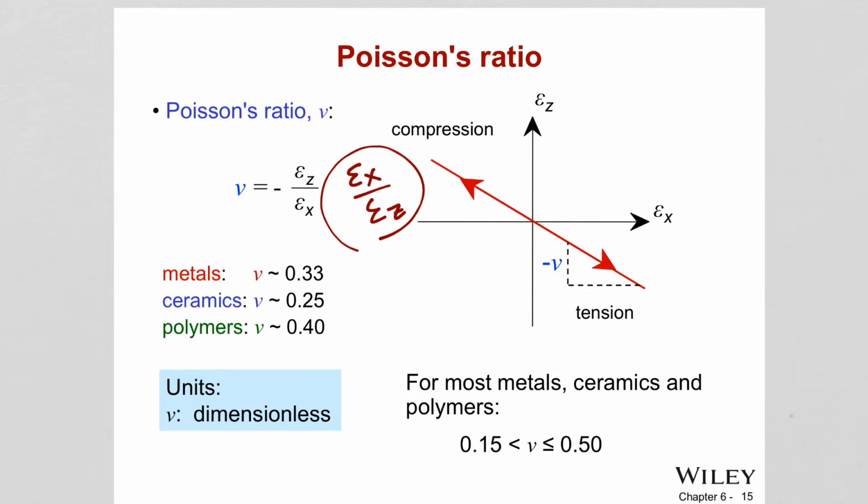It should be the ratio of lateral deformation to the deformation along the tension. We are given the general values for Poisson's ratios for most metals, ceramics and polymers: it's between 0.15 and 0.5.